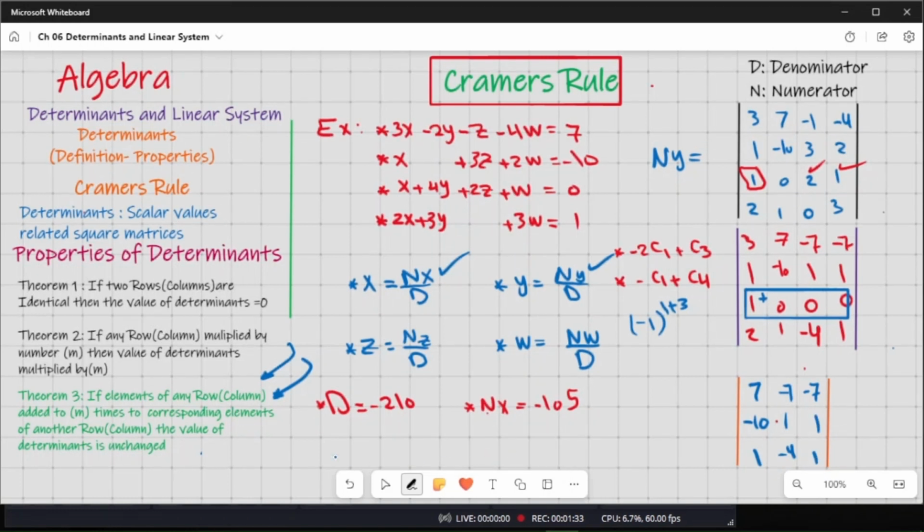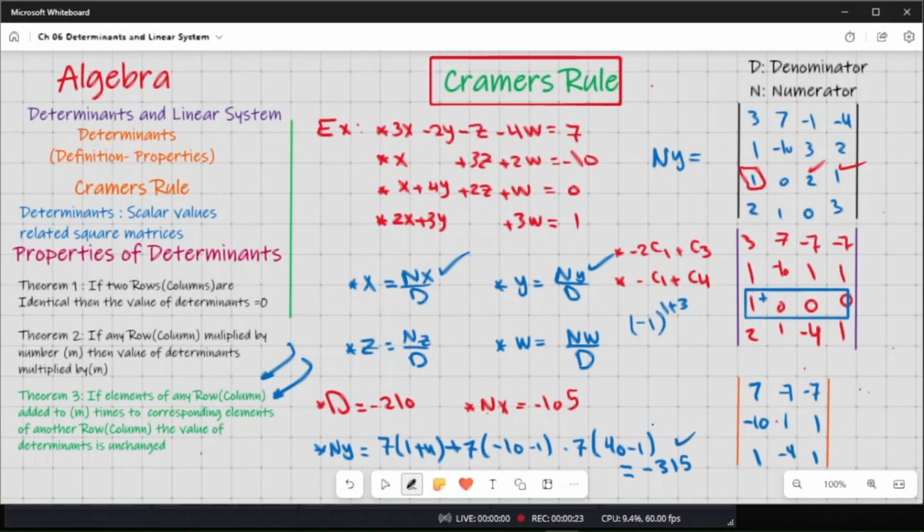Okay, so here ny will be equal to 7 and 2, 1 plus 4 plus 7 and 2, -10 minus 1, minus 7 and 2, 40 minus 1. So this will be equal to -350.